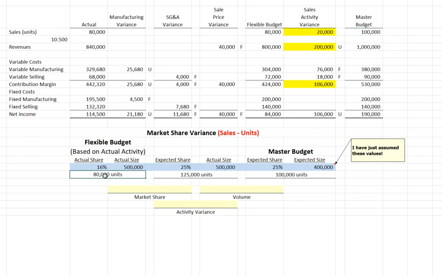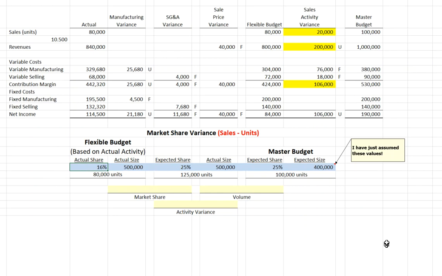Our actual level of sales, recall, turned out to be 80,000 units. And the actual size of the industry market, we've assumed, again, this would be given, was 500,000 units, which means we had a 16% share.